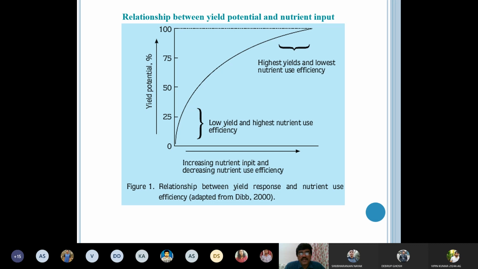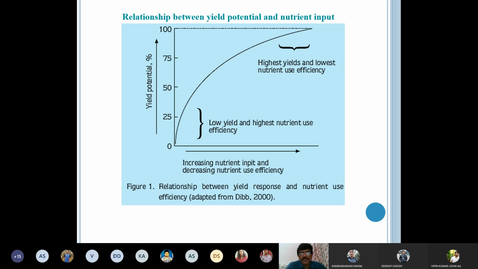Now you can see the relationship between yield potential and nutrient uptake. On the x-axis, you see the increasing nutrient rate of application, and yield potential on the y-axis. As you increase the application, the yield is increasing, but the nutrient use efficiency or nitrogen use efficiency goes down.